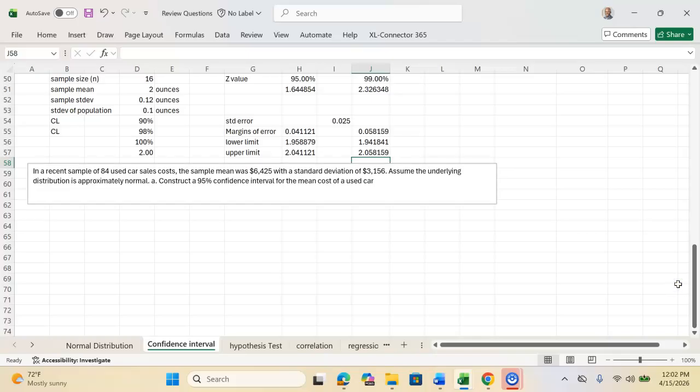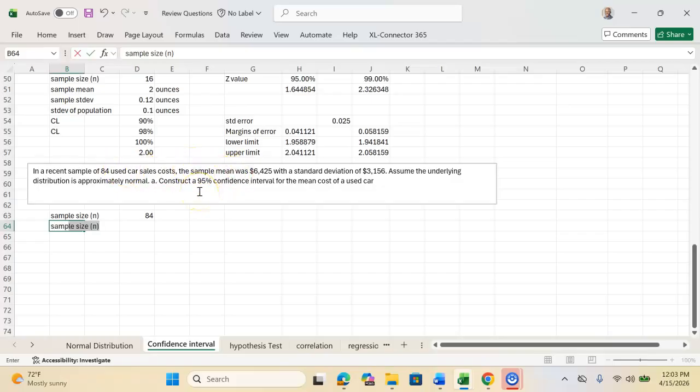Now here it says, in a recent sample of 84 used car sales. So I want you to complete this question, but I'm going to give you the sample size, which is n, and in this case it is 84. What is the information?